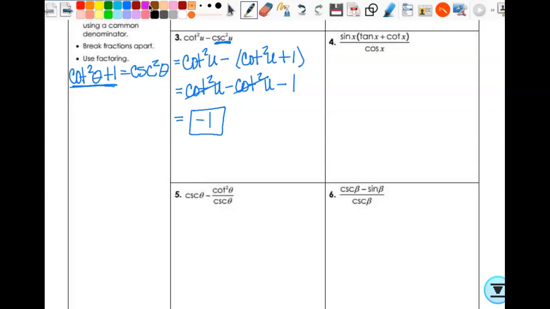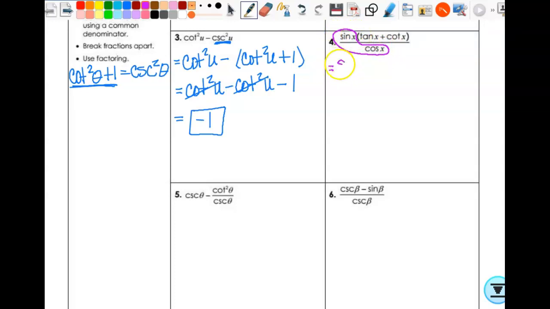All right. So now I have sine of x times the tangent of x plus cotangent of x over cosine x. So I could distribute the sine of x in there, but I don't immediately see anything that would glaringly help me. But what is sine over cosine? Tangent. So you see how this right here is sine over cosine? Right?